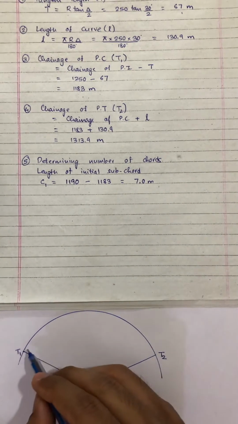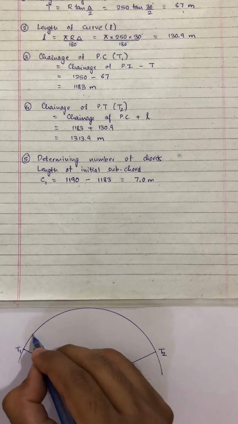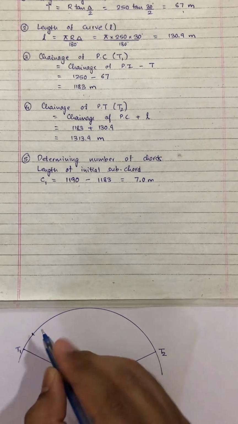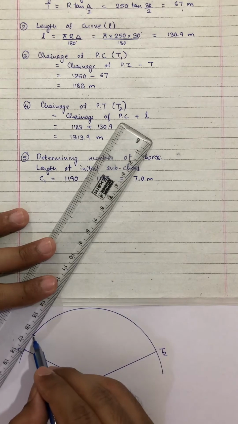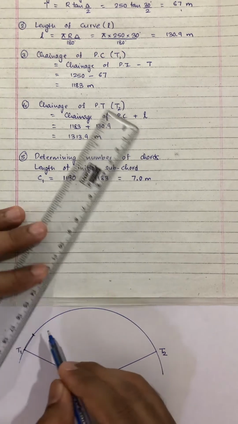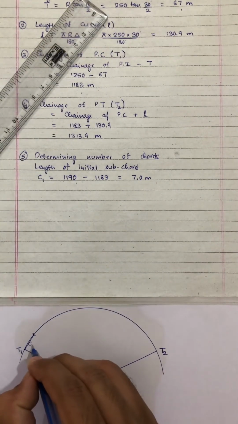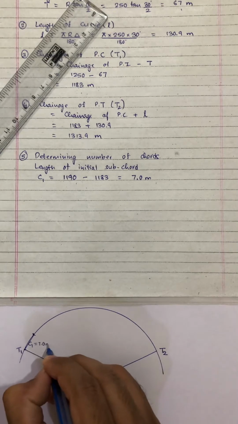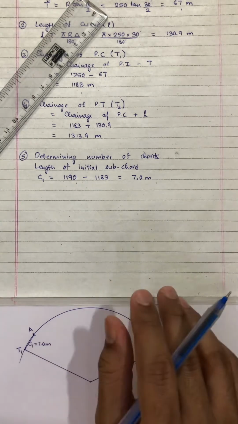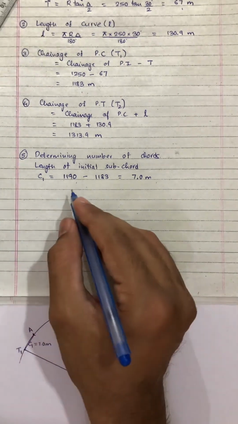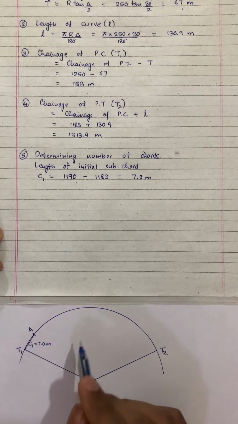Okay, so here this C1 value, suppose this length is the initial subchord C1, and it is equal to 7 meters. Okay, let us call this as point A. Now we need to find the other chords, other full chords.